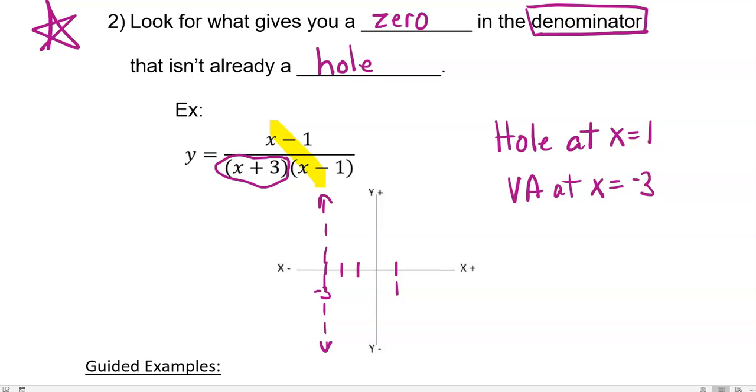So we do a dotted line, and then I can put my curves in. I know this one kind of looked like this, and I know this one came down, put my hole in, and I've made the graph a little better than it was before, a little more specific.